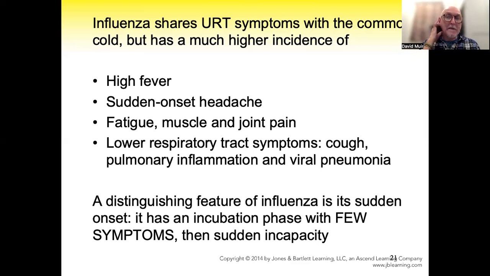And it's sudden onset, which is so marked, and it also implies that people who suddenly go down with flu may have had a long preceding period of being infectious, which they didn't know.